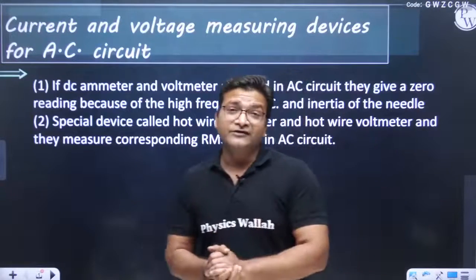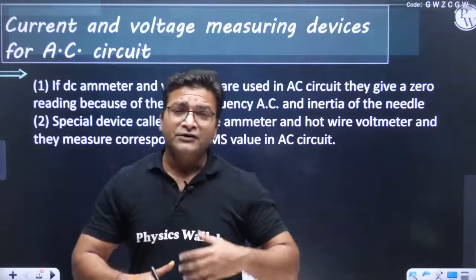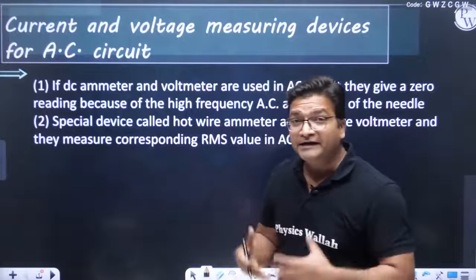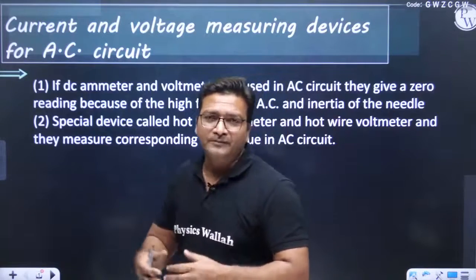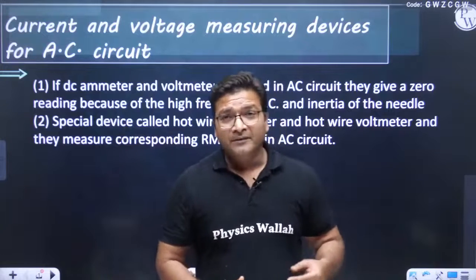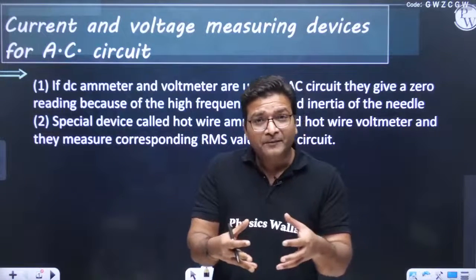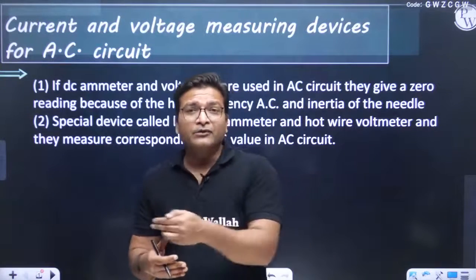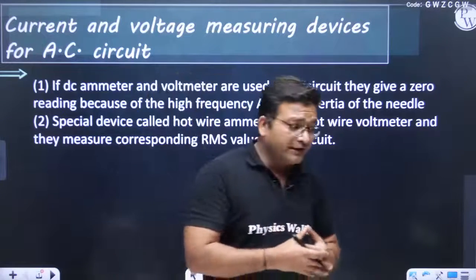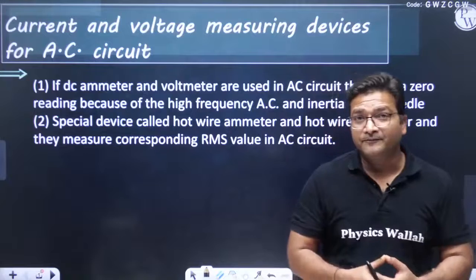In AC circuits also, we sometimes need to measure alternating current and alternating voltage. Suppose we apply DC voltmeters and DC ammeters for the measurement purpose, they cannot work here. Why? Because when alternating quantities pass through a DC voltmeter or ammeter, the average of alternating quantities is 0 and they only read the average value.